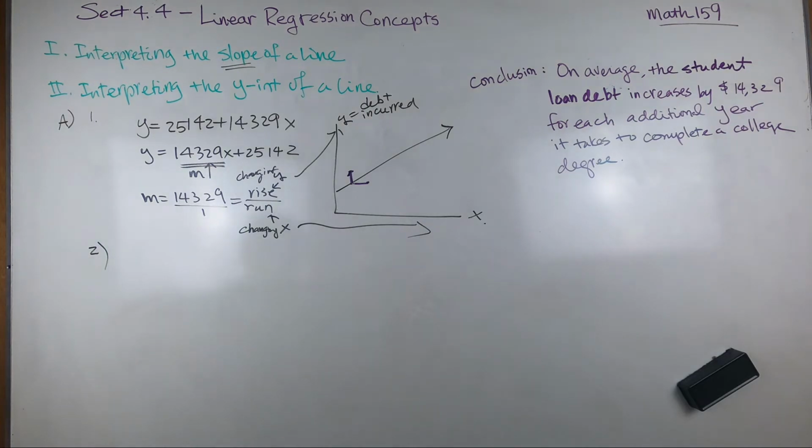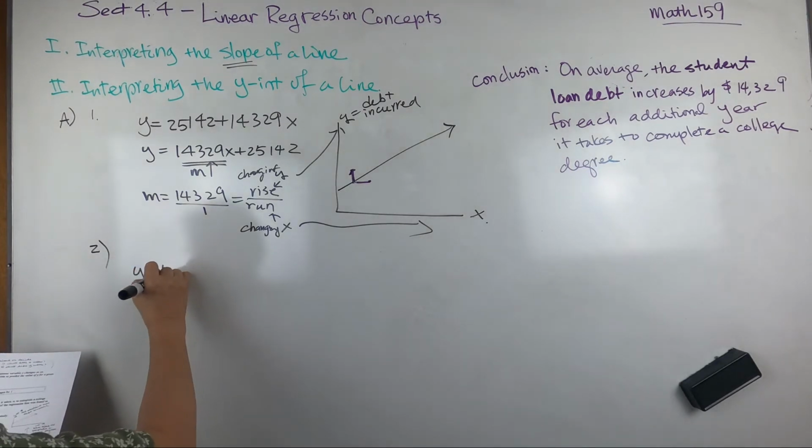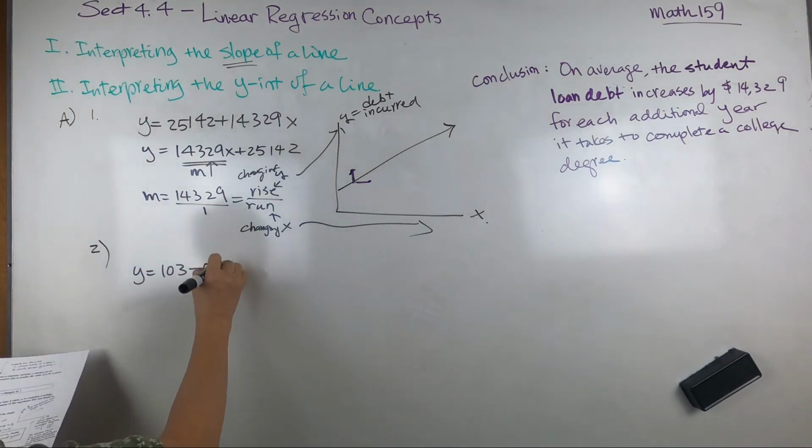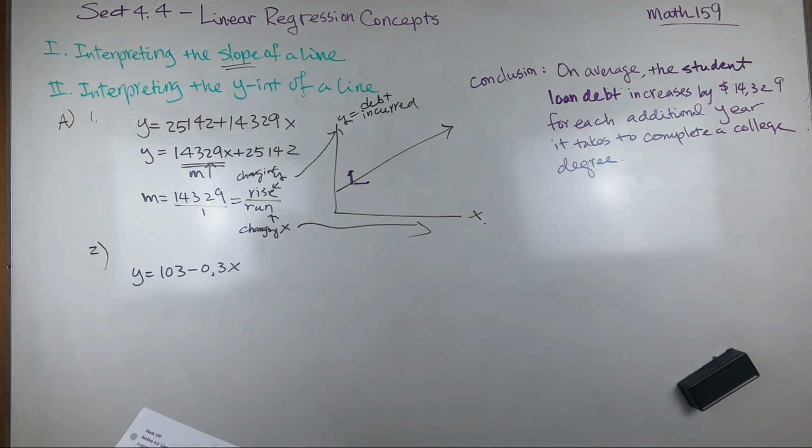The equation of the regression line was found to be 103 minus 0.3x. Interpret the slope of the regression line in the context of the study.